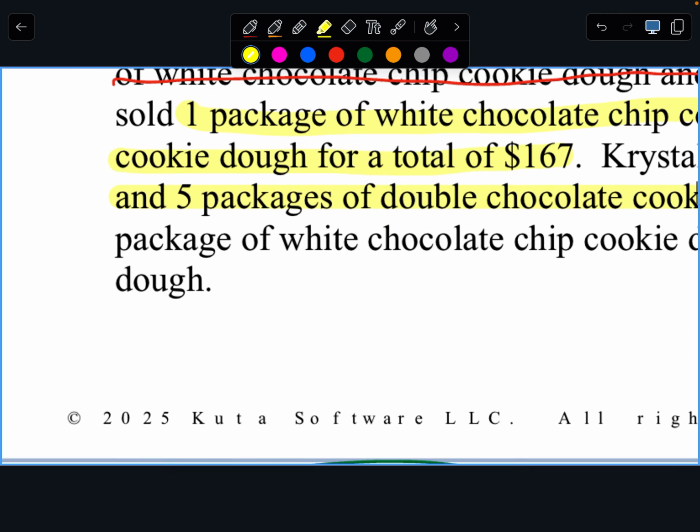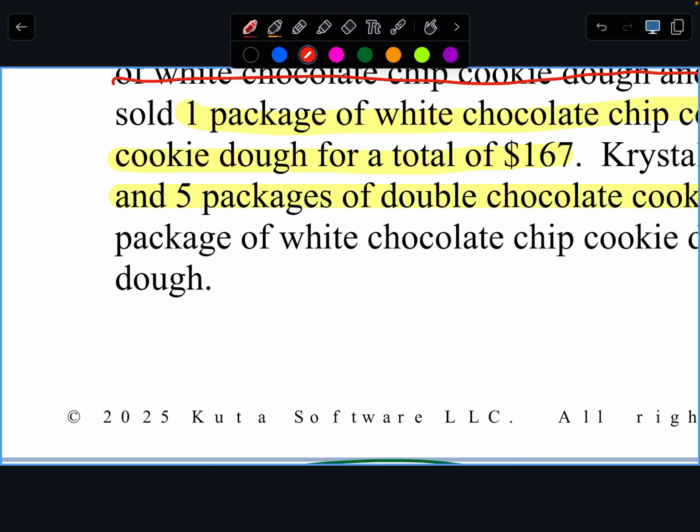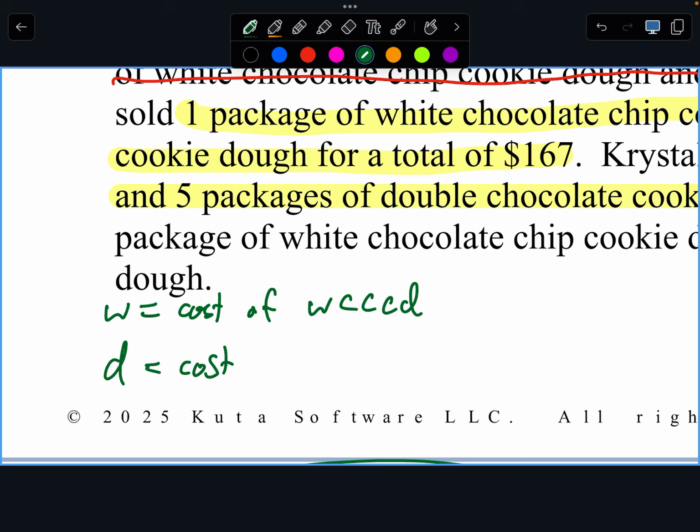So we can use X and Y. What are some other options for variables we could use here? Graham. W and D. Okay, W equals the cost of the white chocolate chip cookie dough. And D equals the cost of the double chocolate cookie dough.